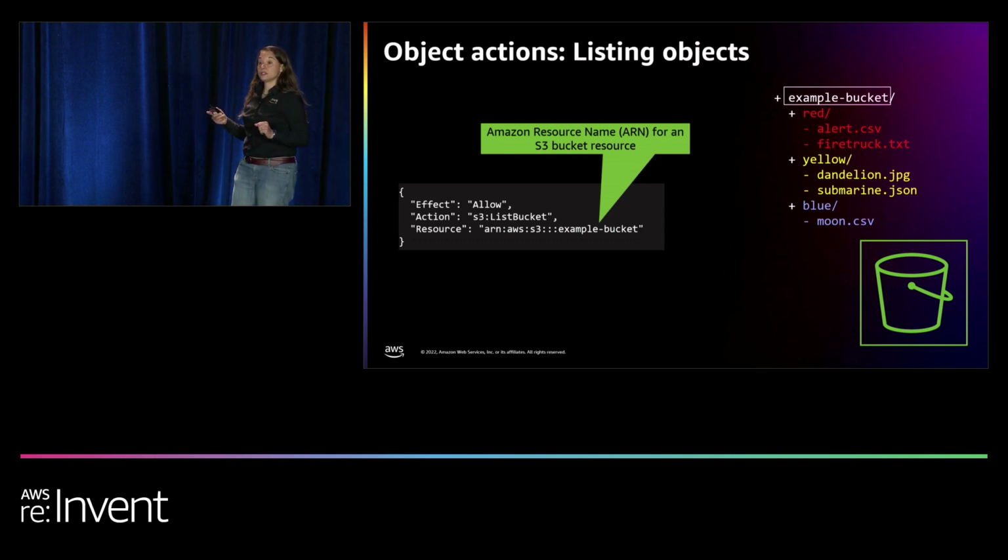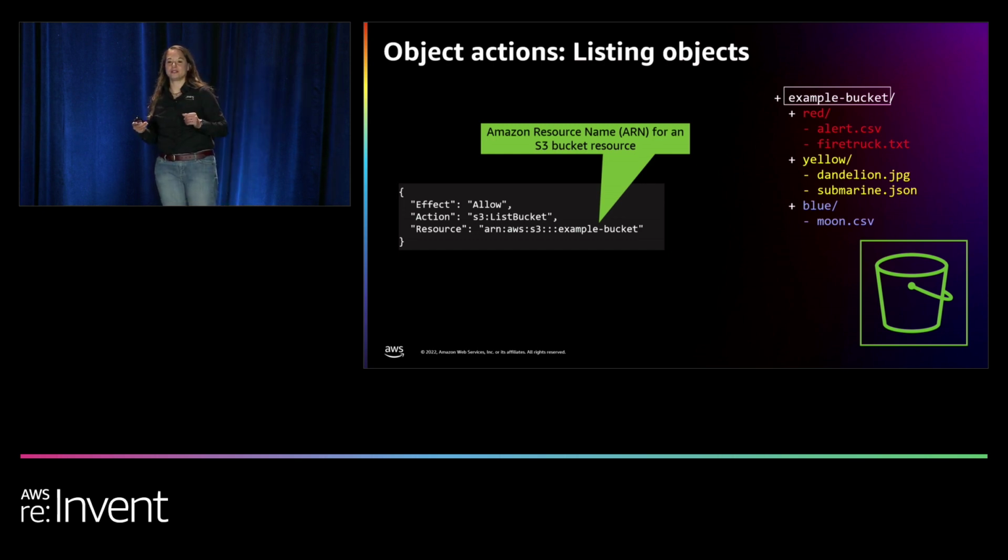And the other thing to notice about this is something that people learning IAM with S3 often don't notice initially, which is that when you are making that list request, the resource there, the direct object of that sentence, is an ARN to an S3 bucket. Like the bucket is the thing that you are listing. So if I have that policy, then I can list the contents of example bucket. It'll show me the names of all of the objects in it.